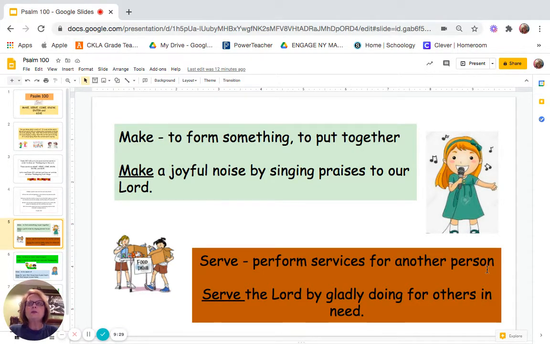So think about when you serve someone, if you want to do it in a way of thanksgiving to show a beautiful action, then you might think about serving the Lord by gladly doing for others who are in need. Think about your friends at school or your neighbors who may not have it as good as you do.